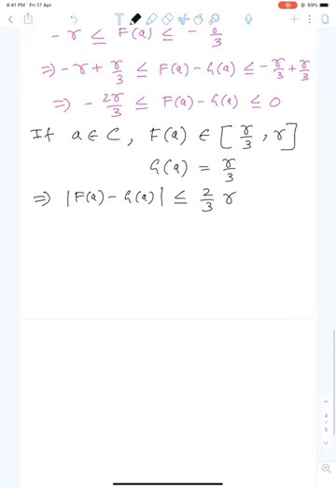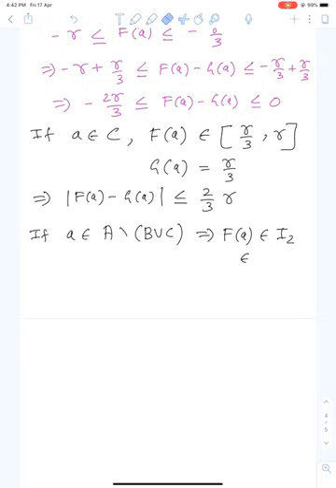Now what if my a belongs to A minus B union C? That implies f of a belongs to I2, that is minus r by 3 comma r by 3, right? And this is the same as g as well, right?